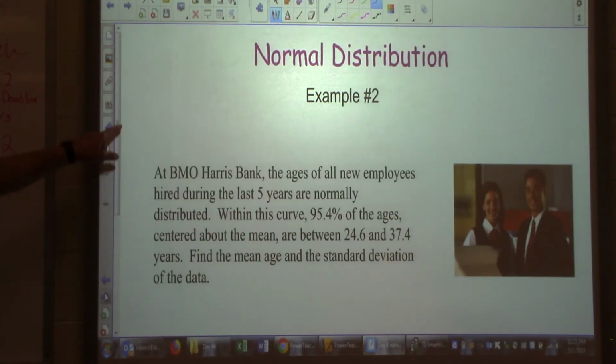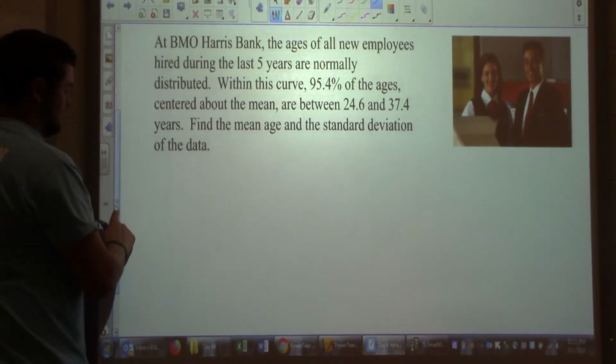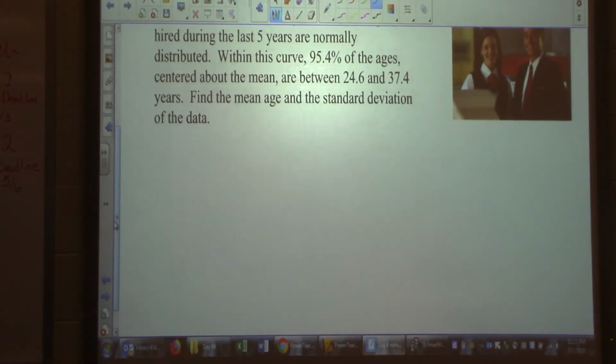Alright, let's try one more. At BMO Harris Bank, the ages of all new employees hired in the last 5 years are normally distributed. So here we go. Within this curve, 95.4% of the ages centered about the mean are between 24.6 and 37.4 years.